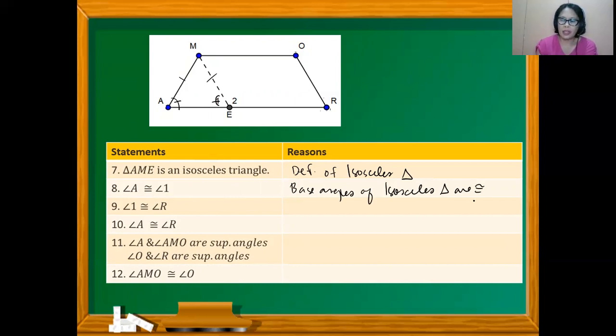Now, angle 1 is congruent to angle R. Since angle 1 and angle R are corresponding angles, the two are congruent under the corresponding angles theorem.